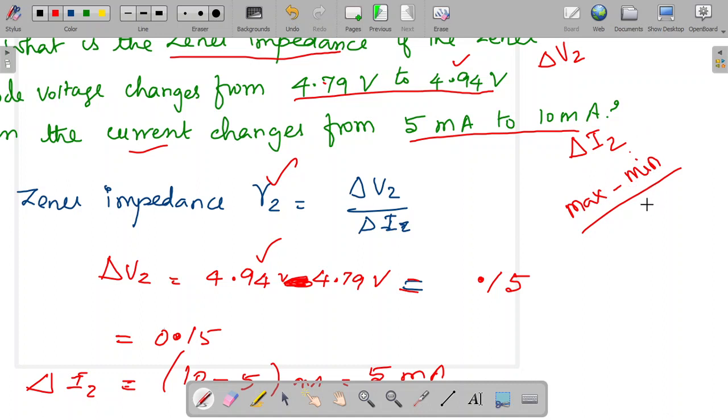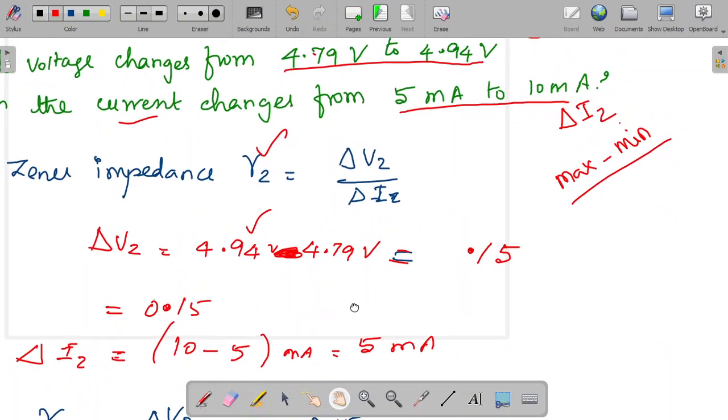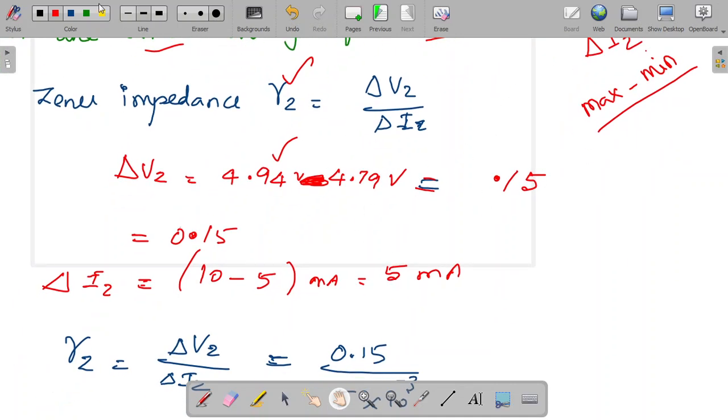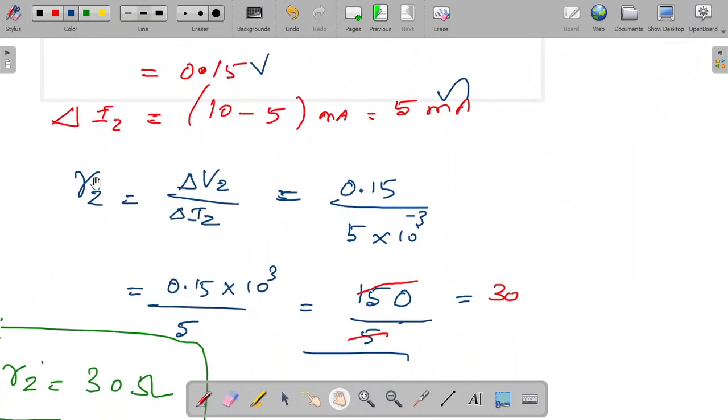Then what is the current change? Current changes from 5 milliamps to 10 milliamps. So that's what is given here, 5 milliamps, and the change in voltage is 0.15 volts. Now we can go for finding the impedance.